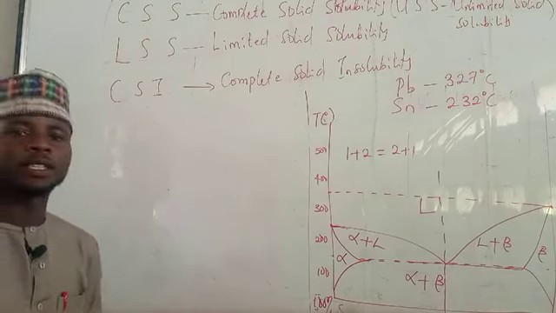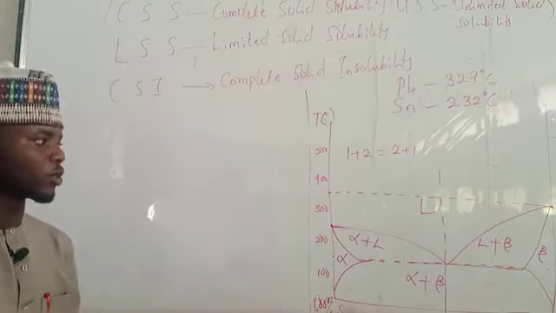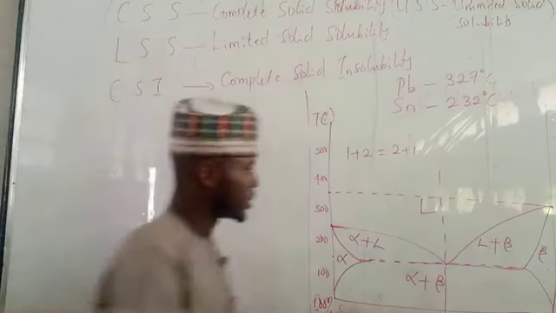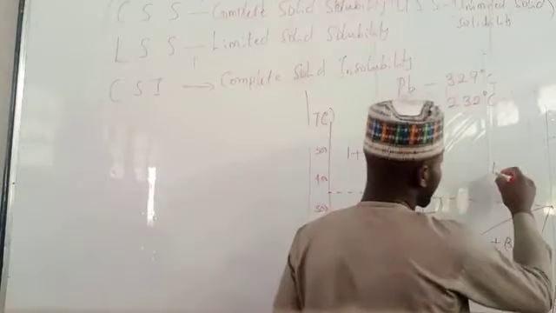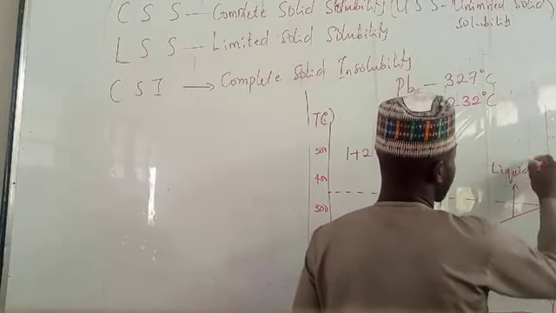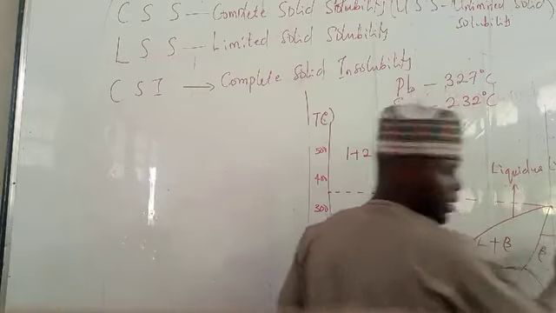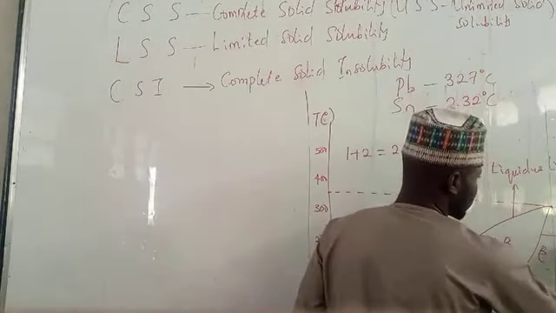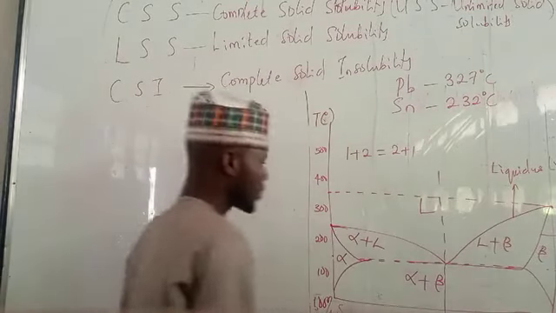Now, if there is a need for you to label or identify the different regions or zones or lines on the phase diagram, it's very simple. We know that this line is the liquidus line, and we know that this line is the solidus line.